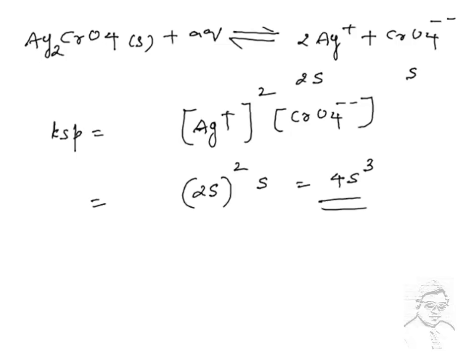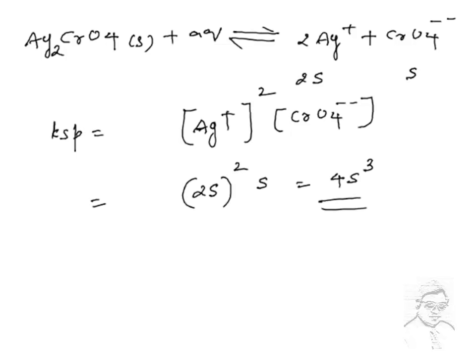Now, at a particular temperature, Ksp is fixed. If you somehow increase the concentration too much for that temperature, Ksp has a fixed value at a certain temperature, right?